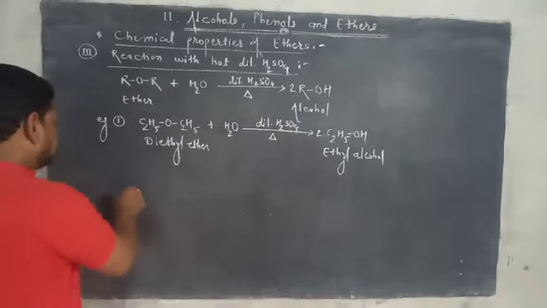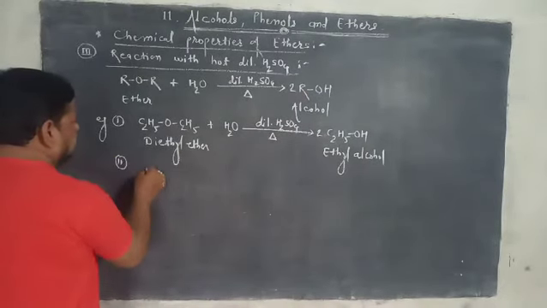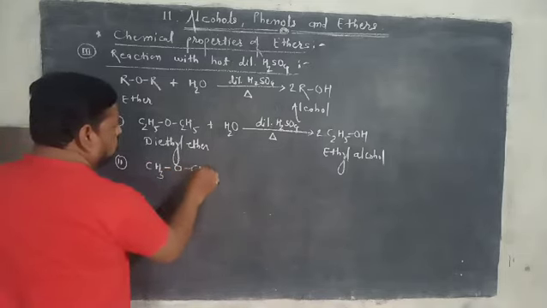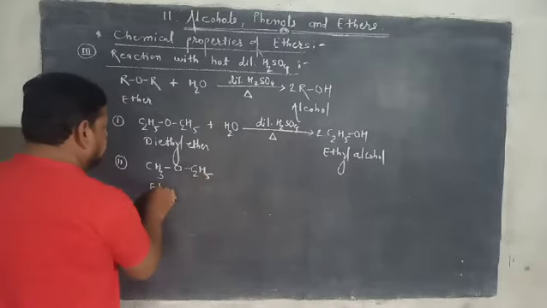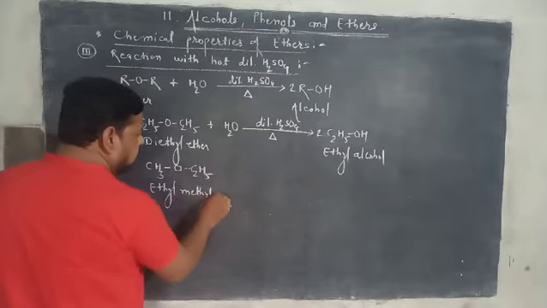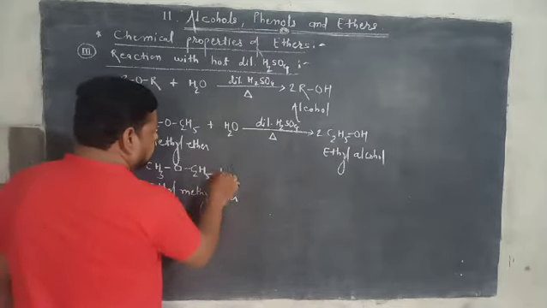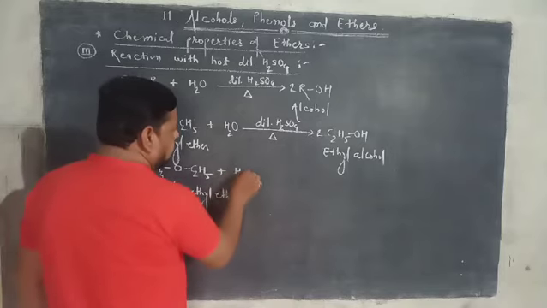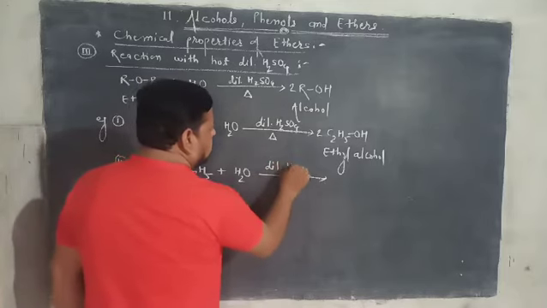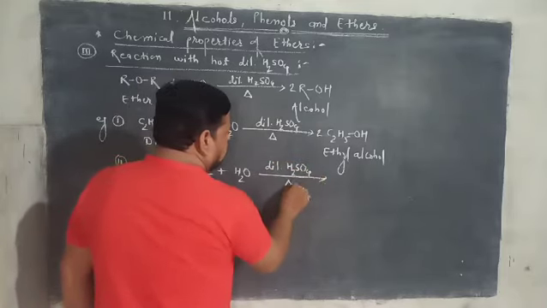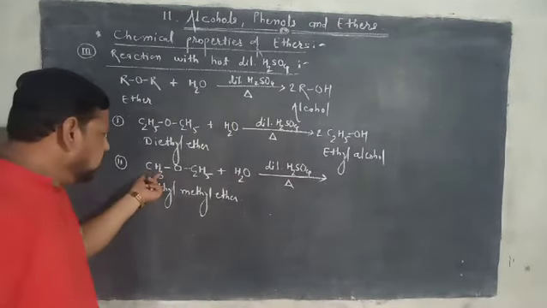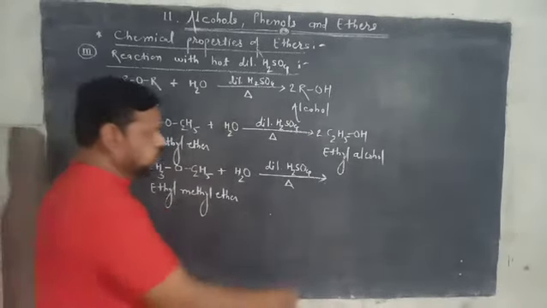Next example, a mixed ether, CH3O C2H5, that is ethyl methyl ether, is treated with dilute H2SO4, then it gets hydrolyzed to give CH3OH and C2H5OH.